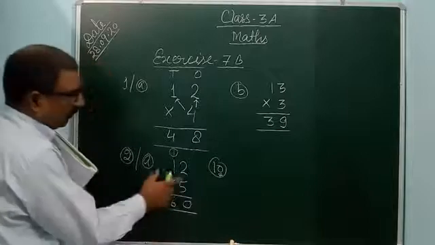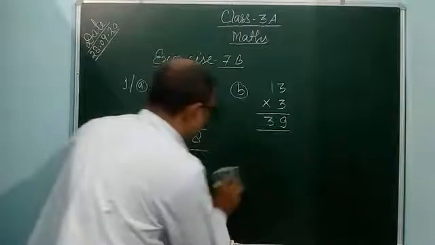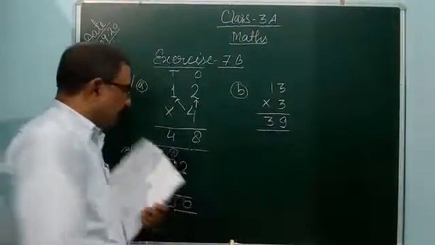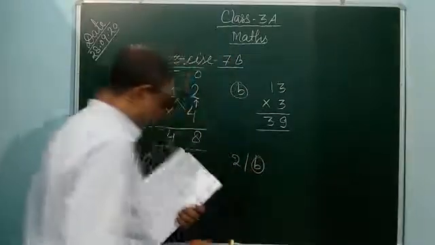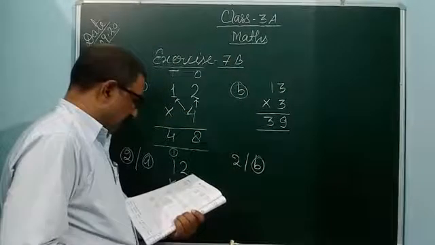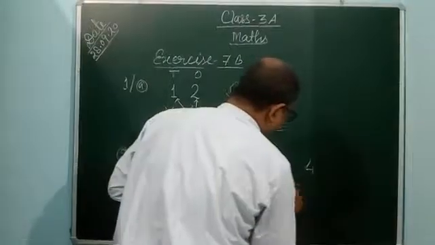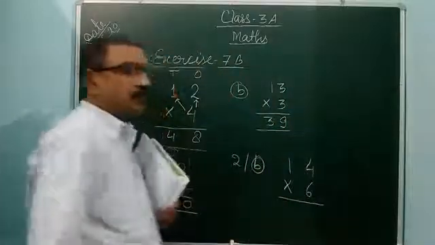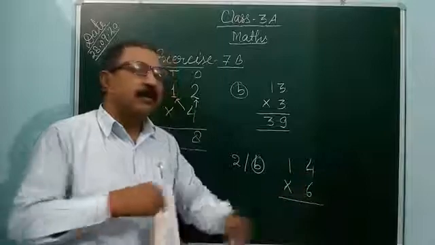Like that you can do. After that, question number second B. 14 multiplied by 6. First you multiply 6 with 4. 6 fours are 24.